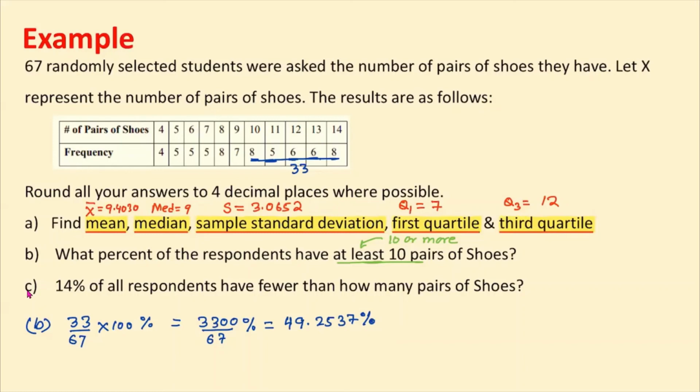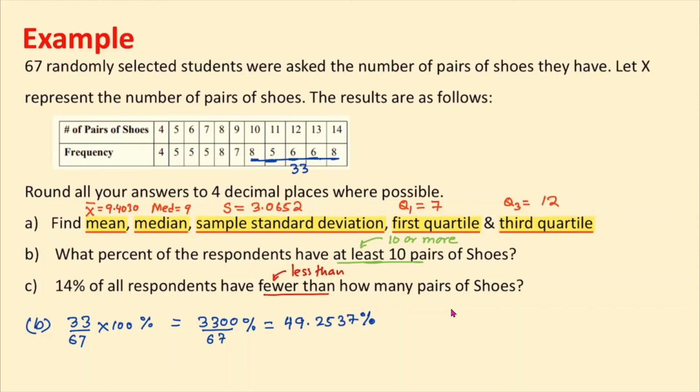Now let's move on to the next one. In the next one, the question says 14% of all respondents have fewer than, when you say fewer than, meaning less than, how many pairs?